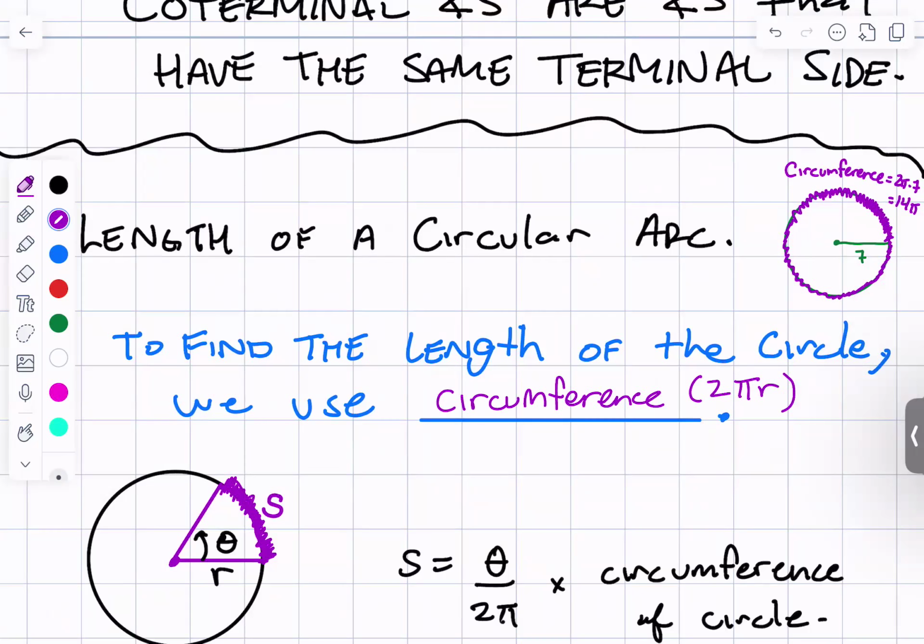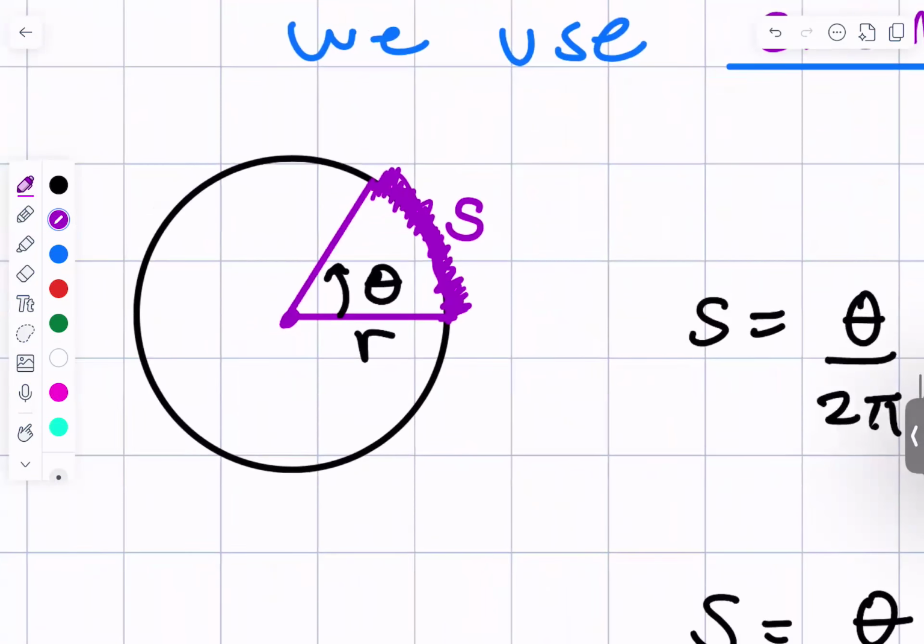To find the length of the circular arc, we just want that little part right here. From here to here, where you have your theta, you have your radius. Okay? So we want that little section of it, correct? Does that make sense? Yeah? So if theta is in terms of radians, what is the whole thing in terms of radians? 2 pi, right?